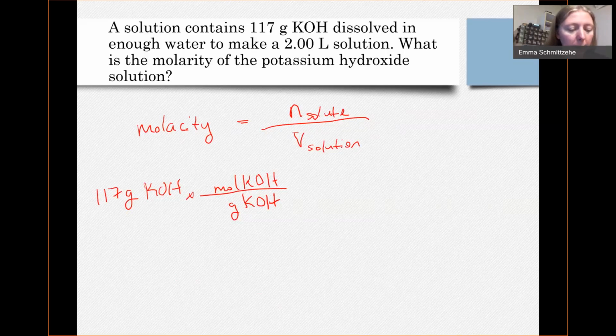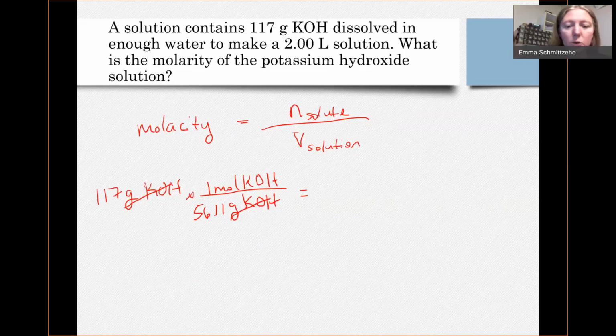That gives me a molar mass of 56.11 grams per mole. Then 117 divided by 56.11.